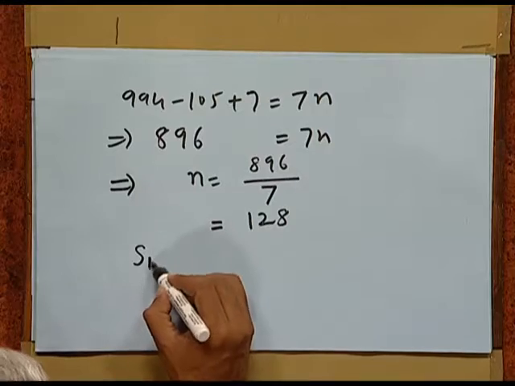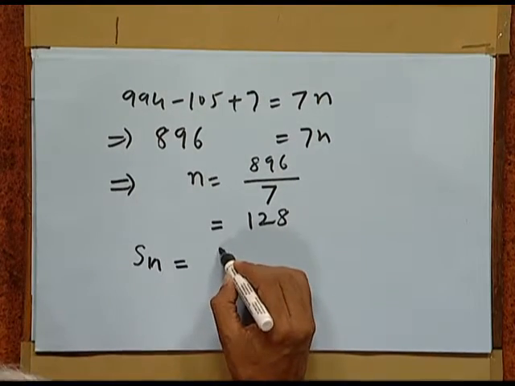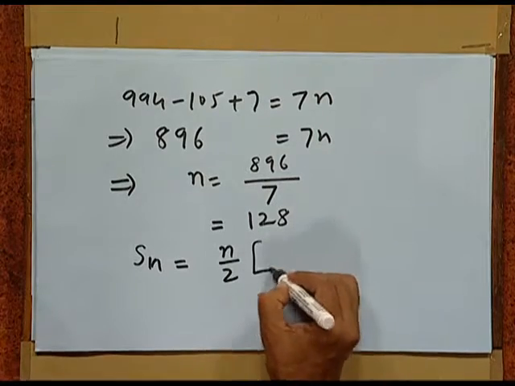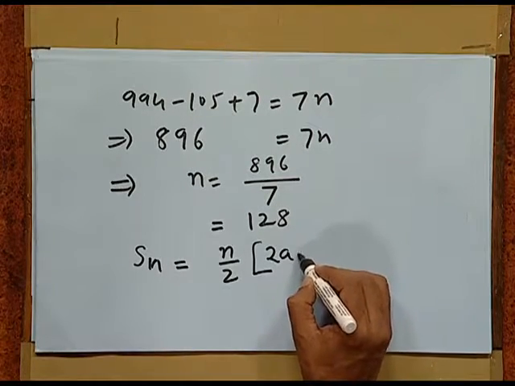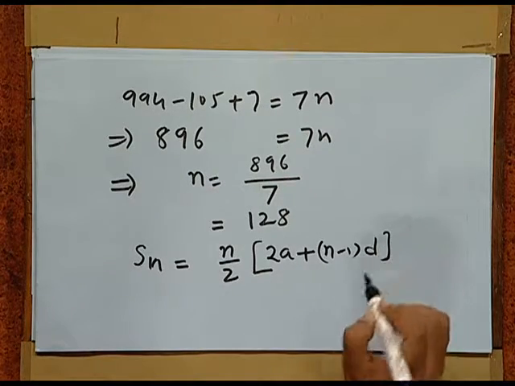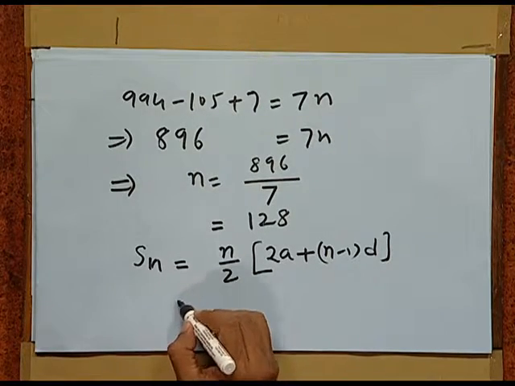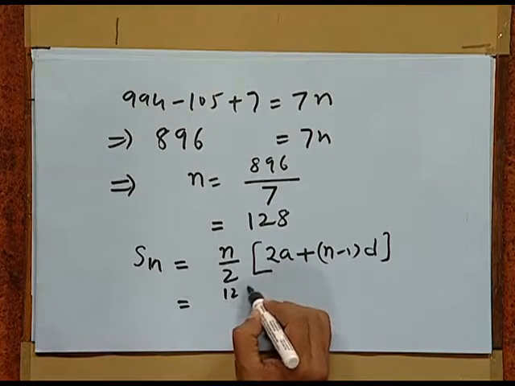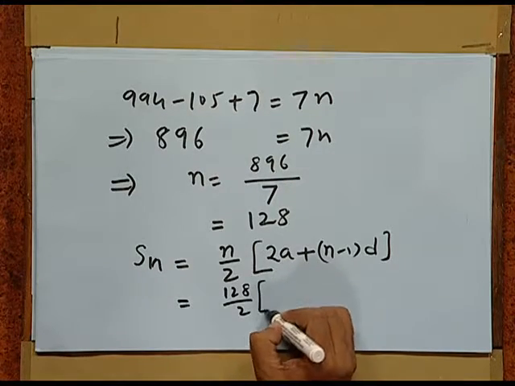Now, we are required to find the sum of all these multiples. For this, we write n by 2 times 2a plus n minus 1 d, that equals 128 by 2.